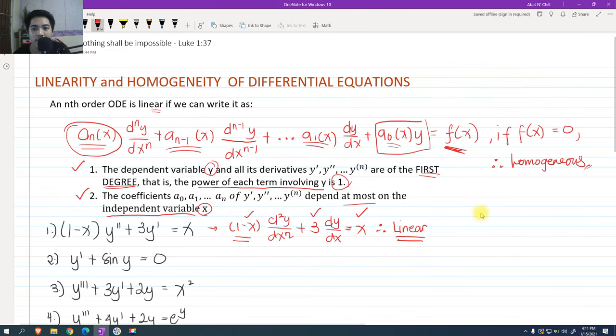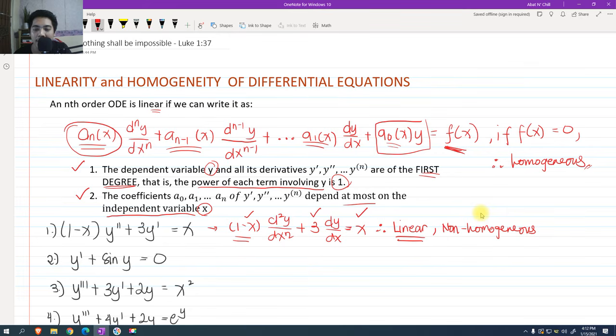And since we have f of x not equal to 0 but some value of f of x, this is a non-homogeneous differential equation. So again, this is linear in y, the dependent variable.